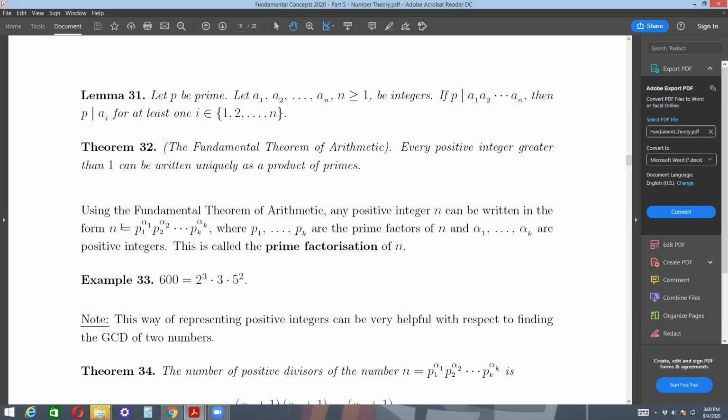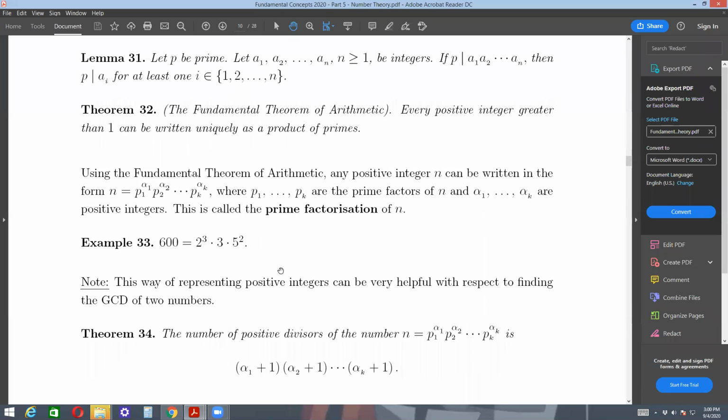So basically you could write n as P1 to the power alpha 1, where P1 is the smallest prime factor of n, and then P2 to the power of alpha 2, and so on. Right? The alphas are the powers of the primes. So for example, I could take 600 and write it as 2 cubed times 3 times 5 squared. All right, this is the prime factorization of 600.